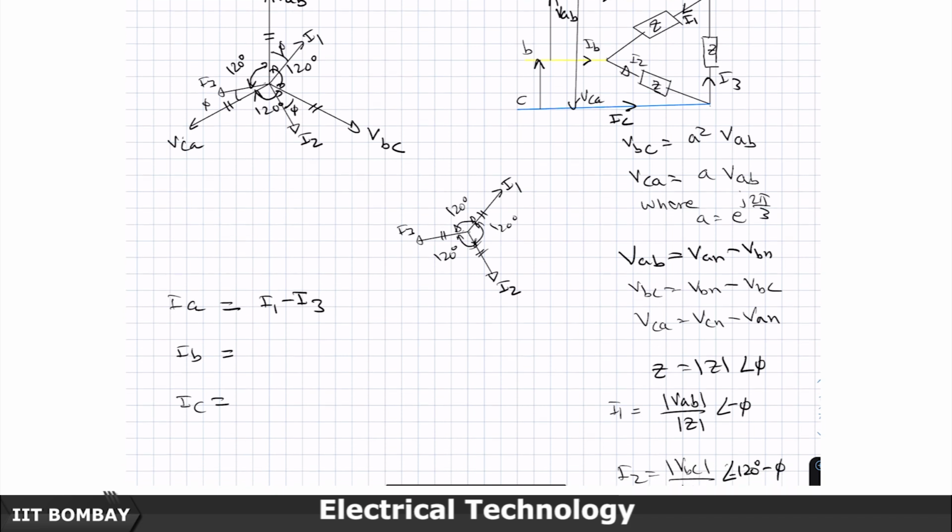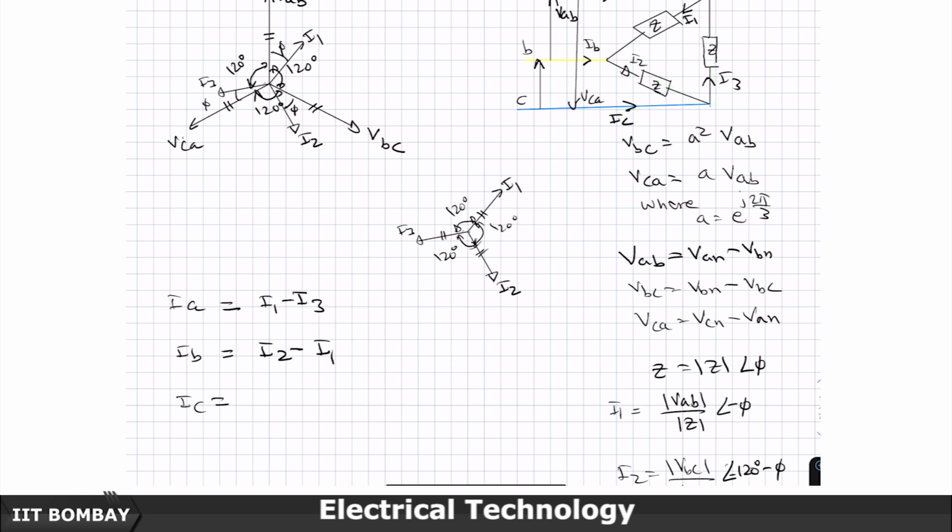Similarly, IB will be I2 minus I1. I1 is incoming, so minus I1 is outgoing, and this outgoing is I2. So, I2 minus I1 is going to be equal to IB, and IC will be the sum of the outgoing I3 and the outgoing minus I2, because I2 is incoming.